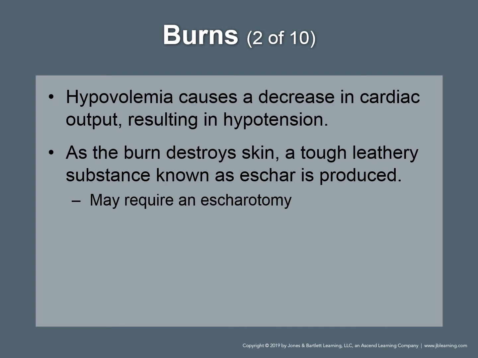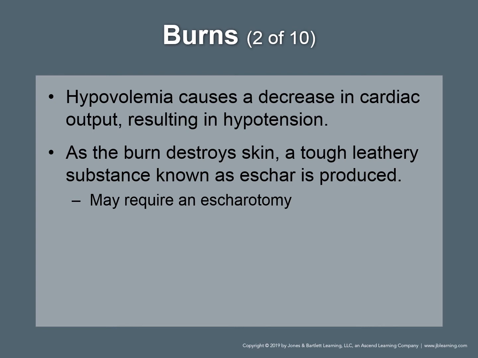And a lot of times that swelling, if it starts to compromise circulation, we'll need what's called an escharotomy, and that's where they go in and cut the skin to relieve the pressure off of the area of the body. We see this a lot of times when people with real bad chest burns are having trouble breathing.